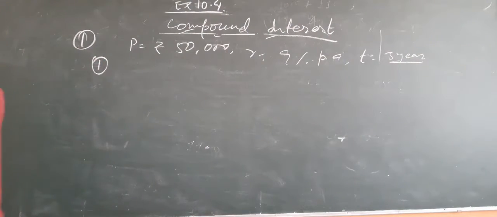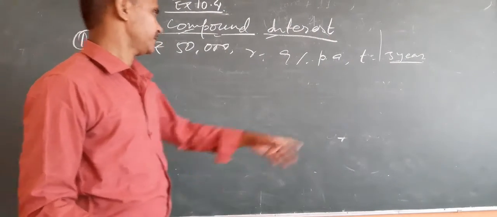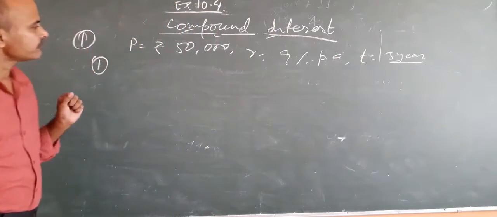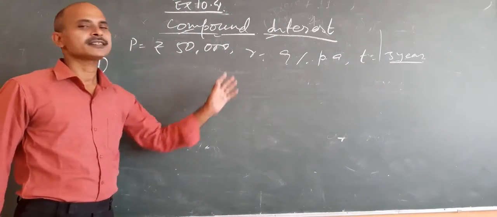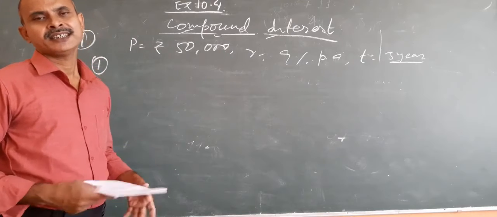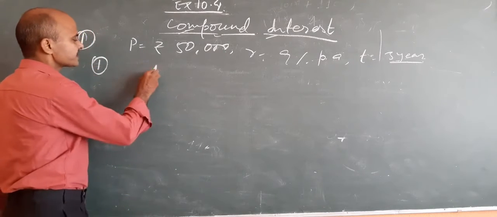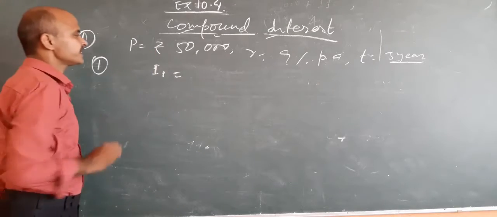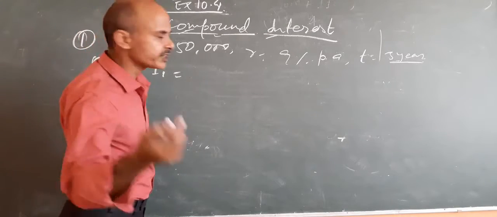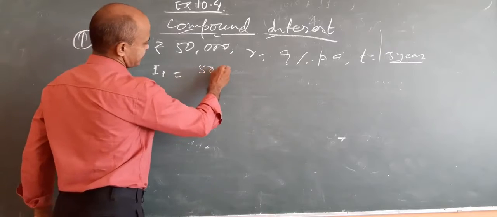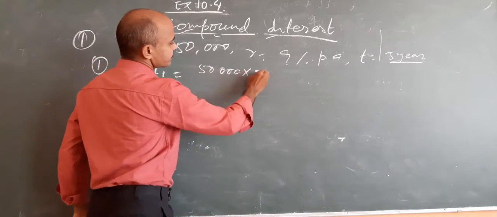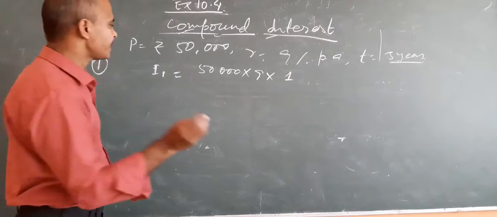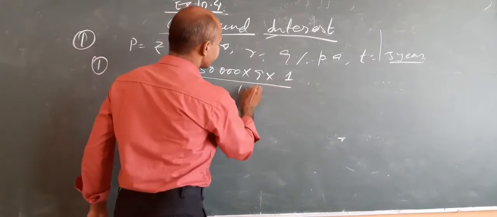First question: what is the interest for the first year? The total duration of time is 3 years. In part 1, we have to calculate the interest for the first year. Suppose the interest for the first year is I1, which is P into R into T by 100. That is 50,000 into 9 into T, and for the first year we take time 1 year, by 100.